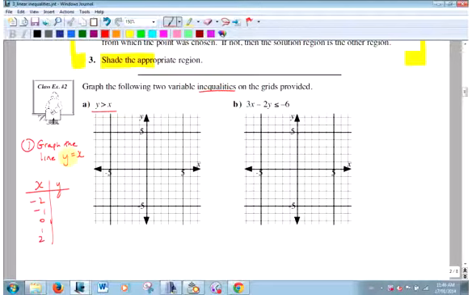What's Y? Hey, there it is. If X is minus 1, Y is the same thing. If X is 0, Y is 0. If X is 1, Y is 1. If X is 2, Y is 2, and so on.